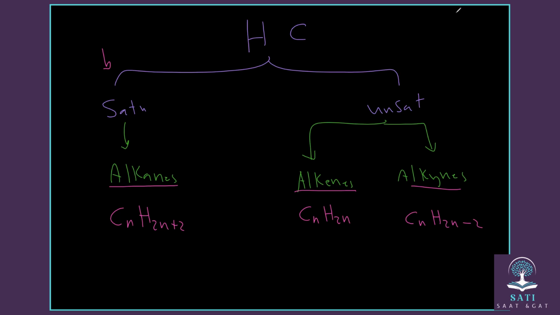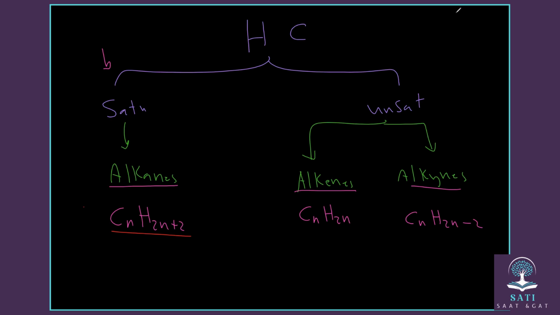These general formulas are very important. So in Cn here, n is a number, and it is the number of carbon atoms. So CnH2n plus 2 means twice the n plus 2. While for alkenes, it is CnH2n only. While for alkynes, it is CnH2n minus 2.